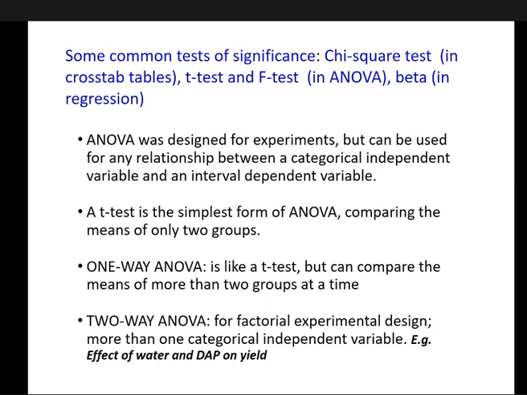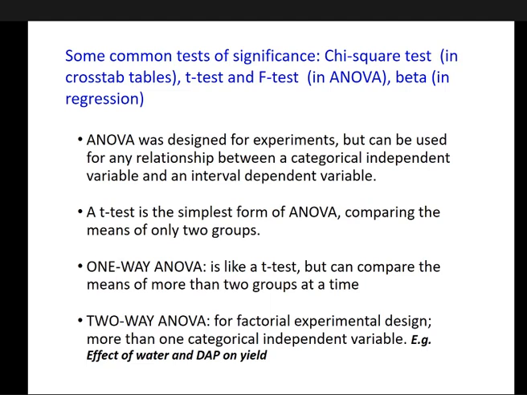But this one-way ANOVA compares the means of more than two groups at a time, like we saw in the different types of experiments. We have the single group and the multiple groups.